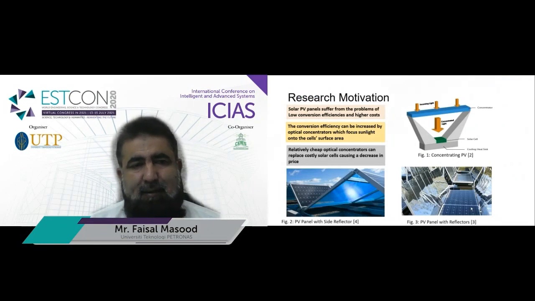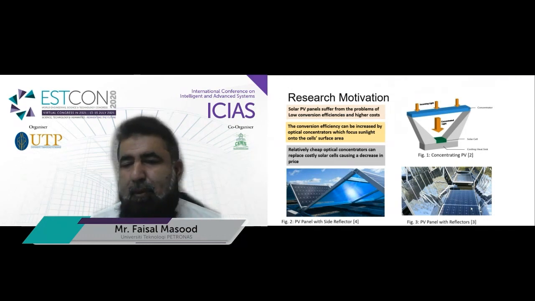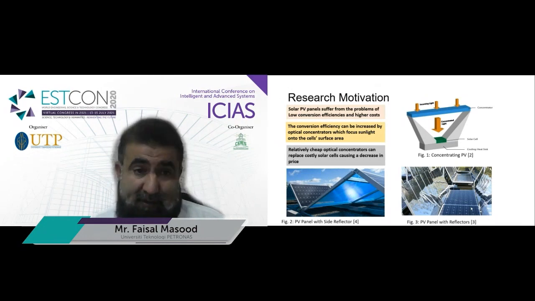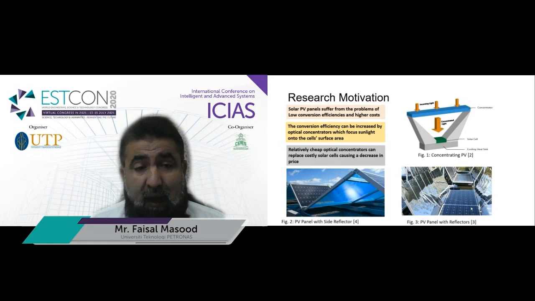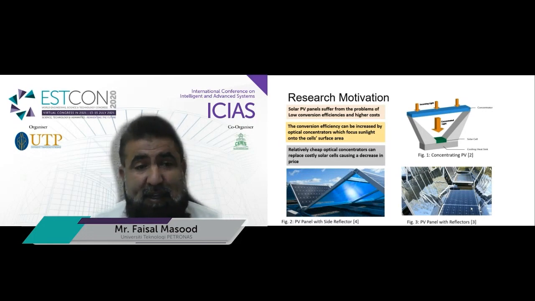Let's see what the research motivation and the research problem were. Solar PV panels suffer from the problems of low conversion efficiencies and higher costs. One of the methods for enhancing the efficiency is by integrating optical concentrators with the solar PV panels.